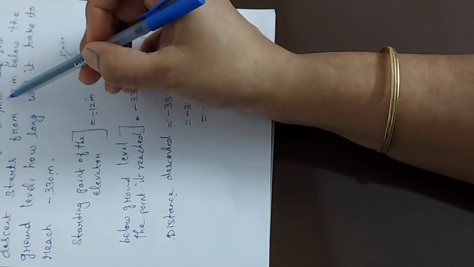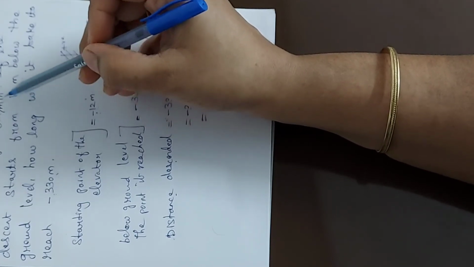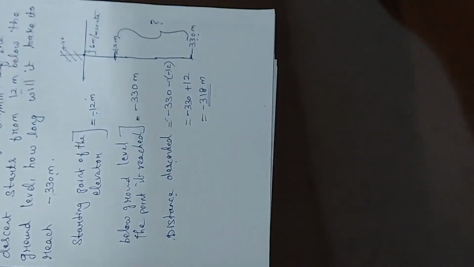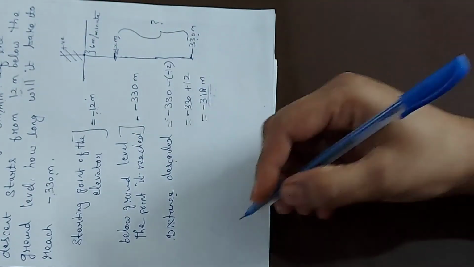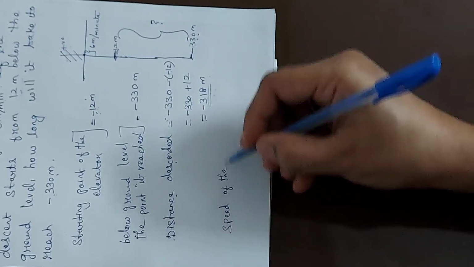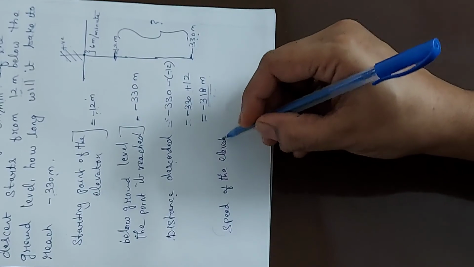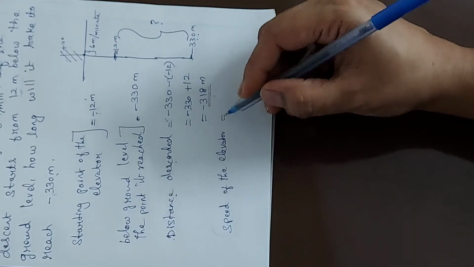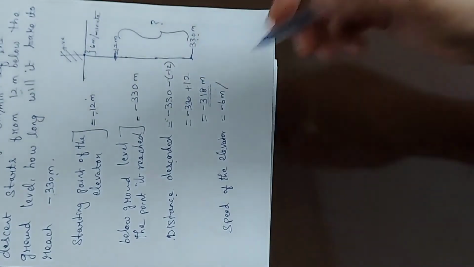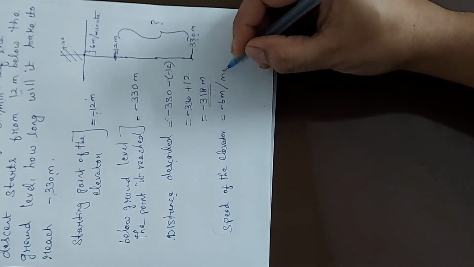See, they have given in the problem itself, within a minute it descends 6 meters, right? So the speed of the elevator is equal to what? Minus 6 meters, since it's going down, so minus 6 meters per minute.